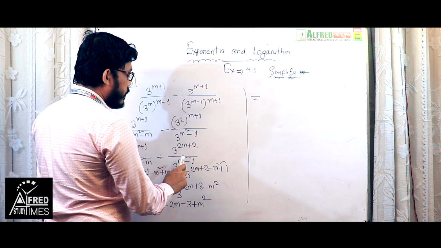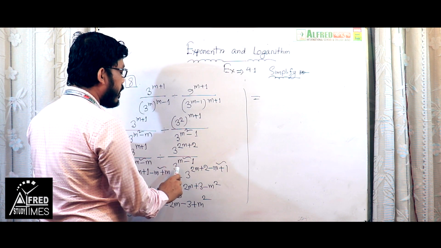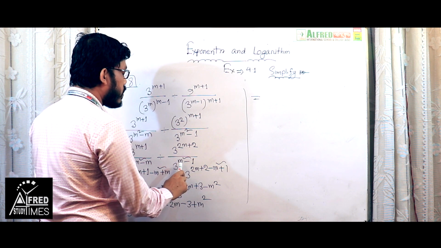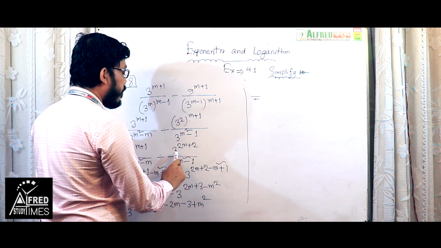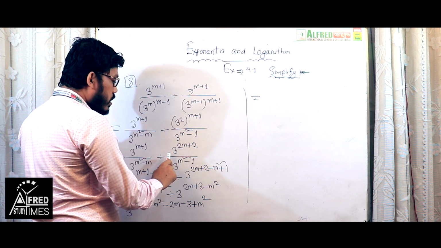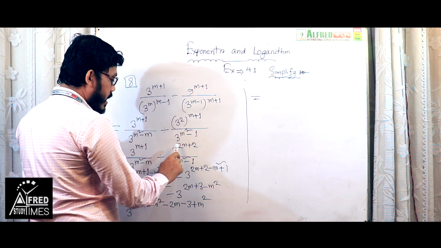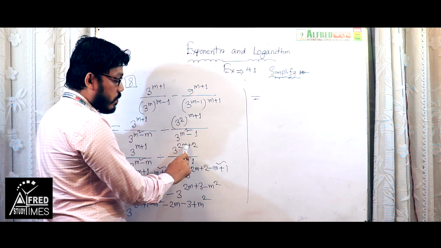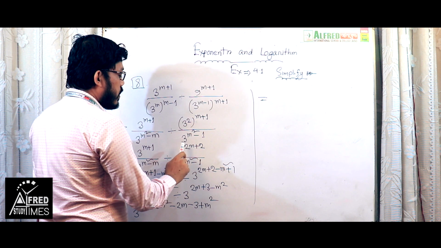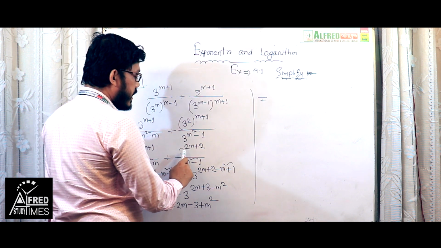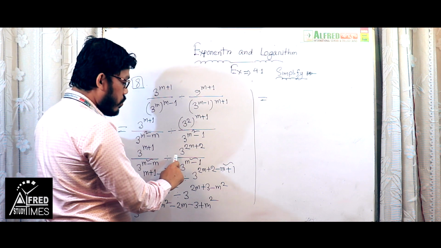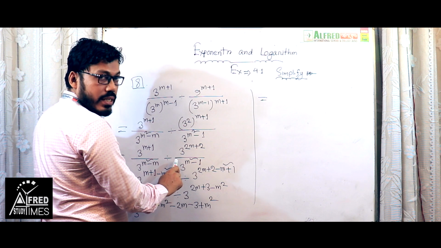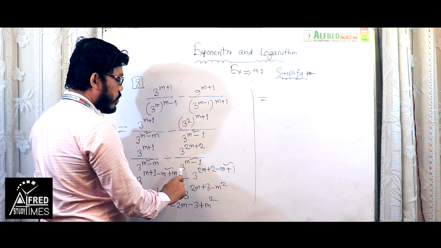Next, we have to do the same thing for having two same base with division sign. We have to subtract from the power of the numerator element the denominator element. 2m plus 2 is the power of 3 at numerator, and m square minus 1 is the other power at denominator part of second fraction.